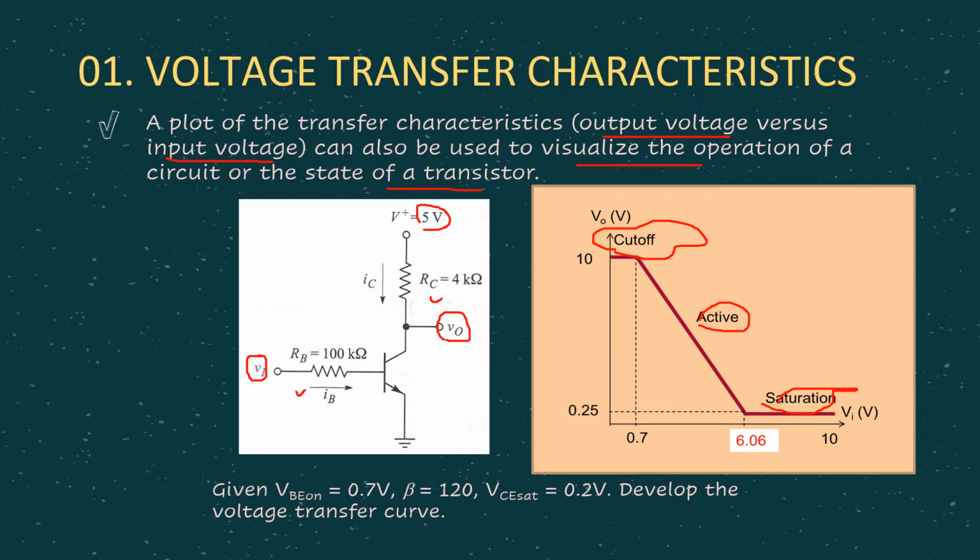This is the output voltage that will be the y-axis of the voltage transfer characteristics. VBE is given as 0.7, beta is 120, and VCE saturation is 0.2 volt. We are supposed to develop the voltage transfer characteristic curve.